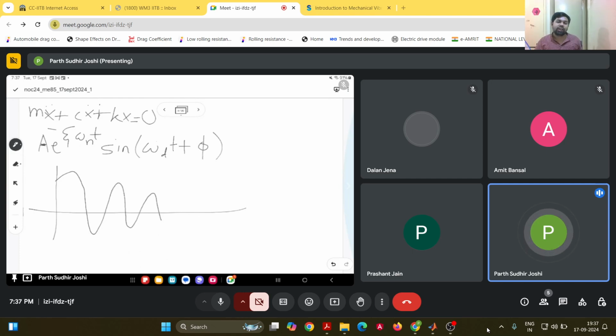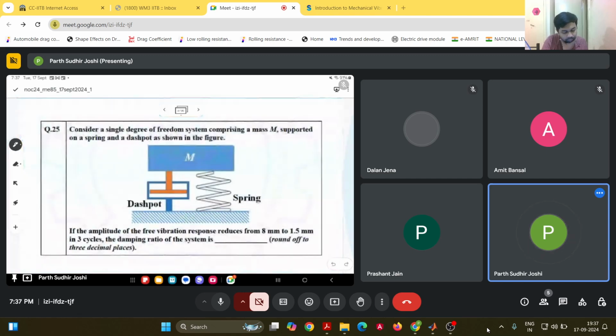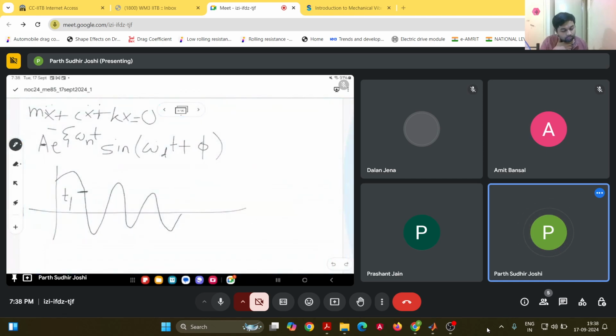So the nature of the response will be something like this, right? Let us say we consider a particular time instant t1, and in the question it is asked that the amplitude reduces from 8 mm to 1.5 mm in 3 cycles. After one cycle it will be here, after another cycle here, and again after another cycle here: t2, t3, and t4.